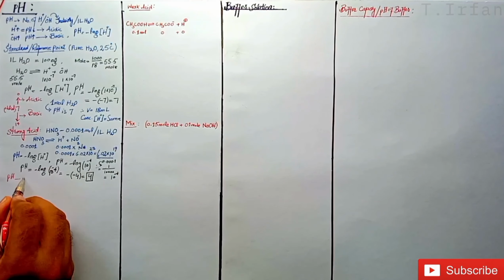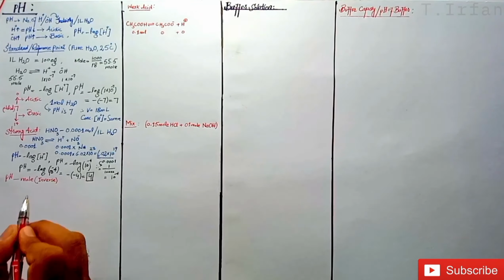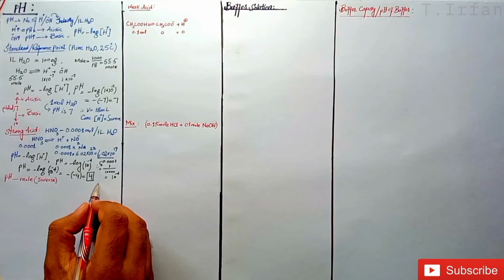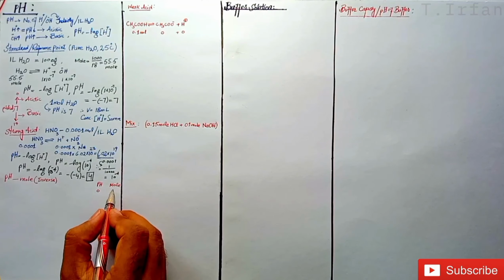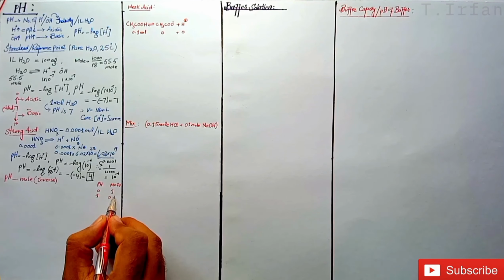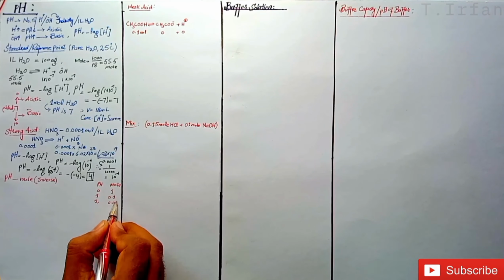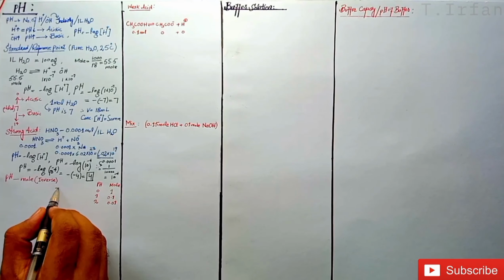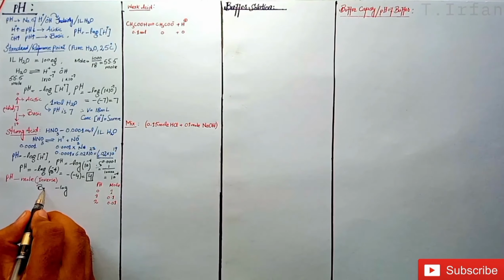As the number of moles increases, the pH decreases. For example, 1 mole of nitric acid in 1 liter of water has pH 0, 0.1 mole of nitric acid has pH 1, and 0.01 mole of nitric acid has pH 2. This is because we take the negative log of the number of moles or concentration of hydrogen ions.